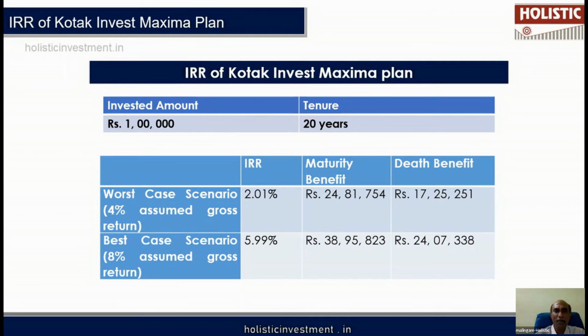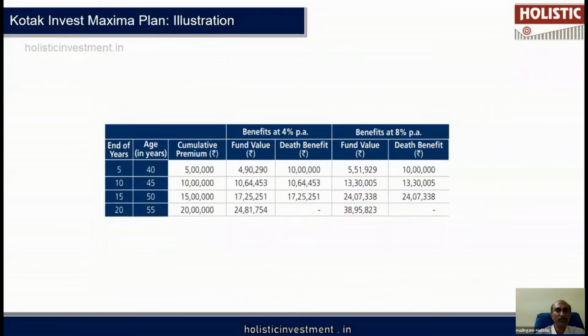Now, let us compare these benefits, which is the life cover and also the maturity benefit, with a different investment combination. This policy gives you 10 lakhs cover. Can we get the same cover or a better cover plus similar maturity benefit?